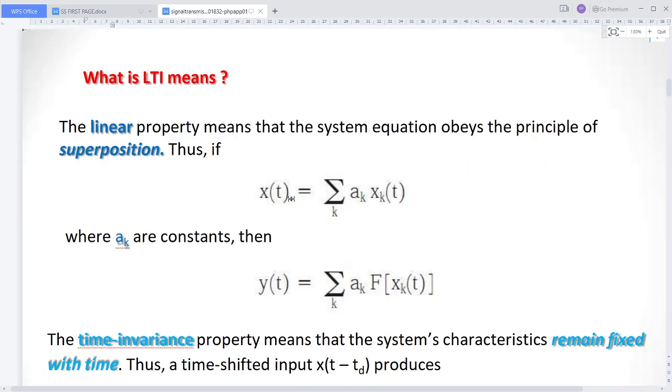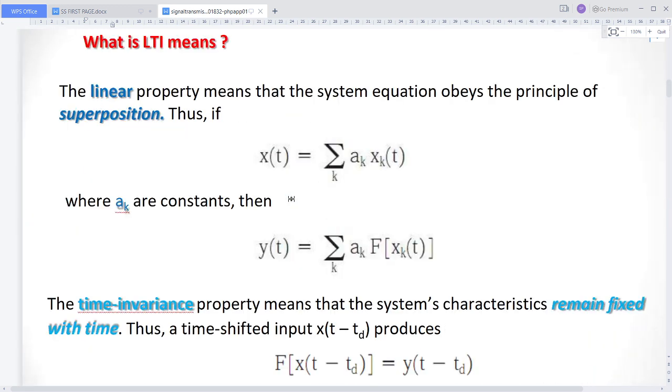Then what is the meaning of LTI system? Just now I have explained the LTI system. An LTI system is nothing but a system which is linear as well as time invariant.